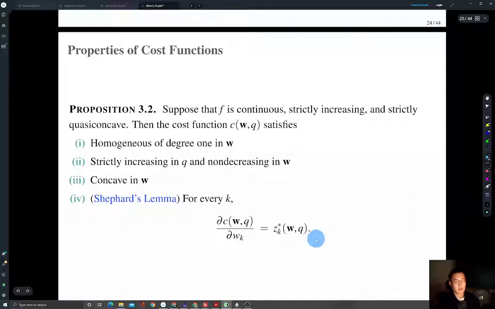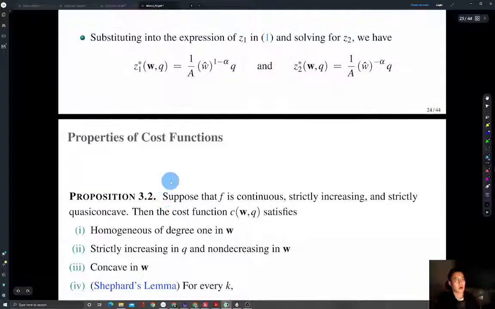On the next slide, I put some basic properties of cost functions. We obtained the conditional demand, and the way to find the cost function is a piece of cake. C of W comma Q is going to be W1 times this Z1 star, substituting this conditional demand for input 1, plus W2 times Z2 star.